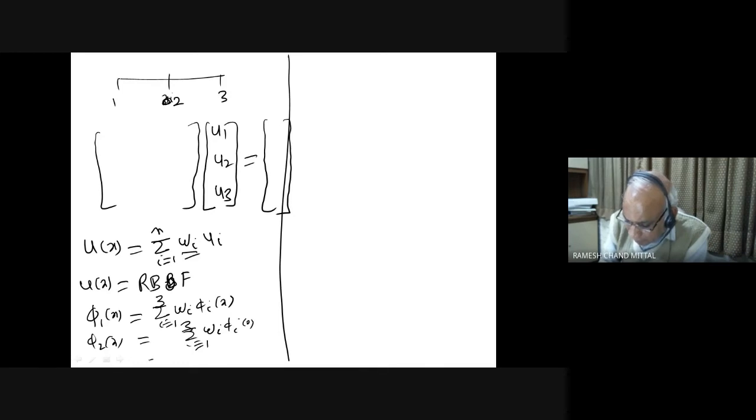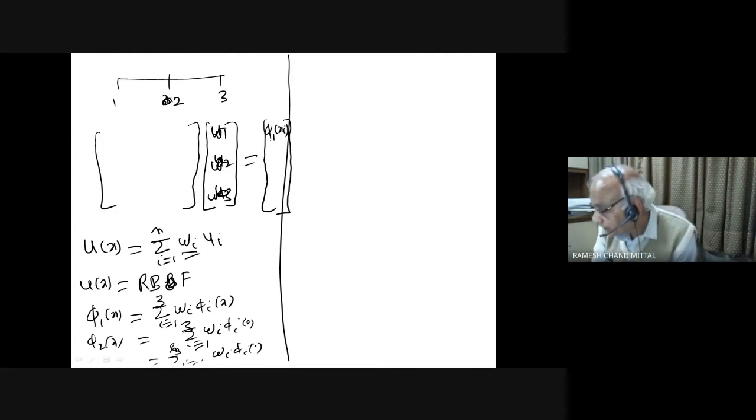And same way, I have my third equation for phi 3(x), i 1 to 3 W_i phi_i(x). So my unknowns will be W1, W2, and W3. Here I will have phi 1(x_i). Here I will be having phi 2(x_i), and I will be having here phi 3(x_i).